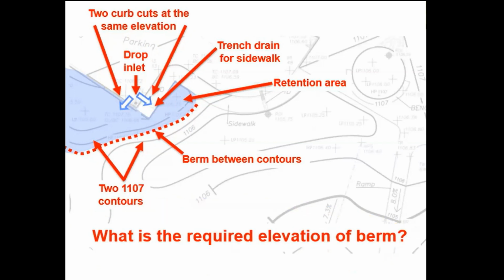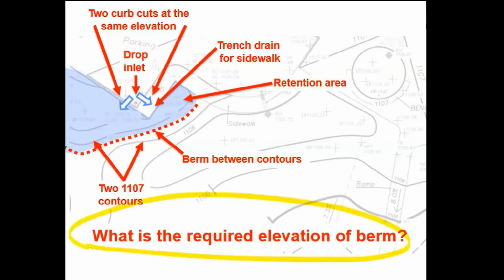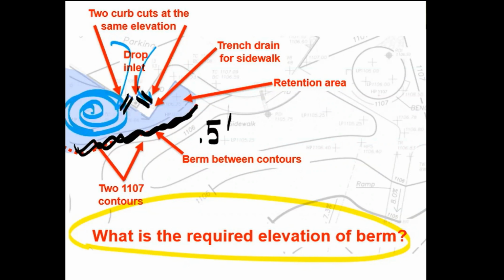Then, of course, we have the question of what's the elevation for the berm over here? And you already know it's going to be a half a foot above the curb cuts in this case. So the curb cuts right here have to be half a foot below the elevation of this berm, because what will happen then is as water flows into the system, it is going to fill up.